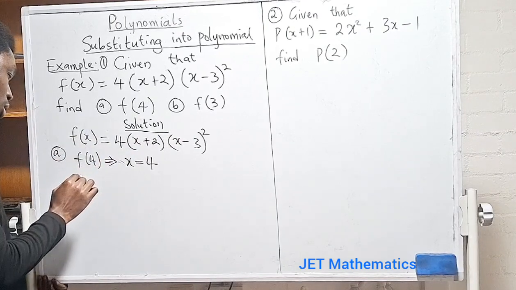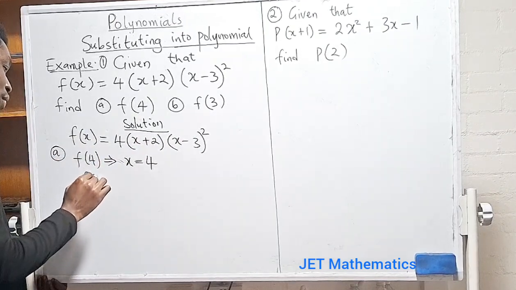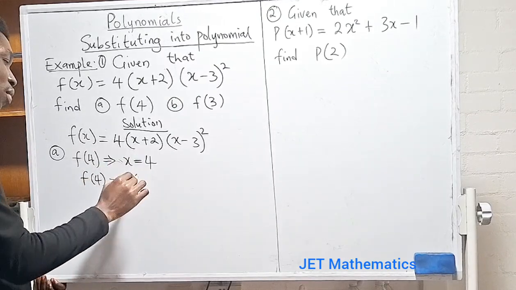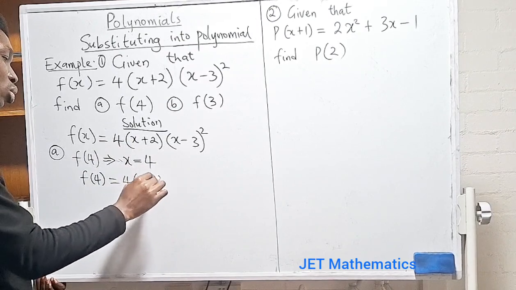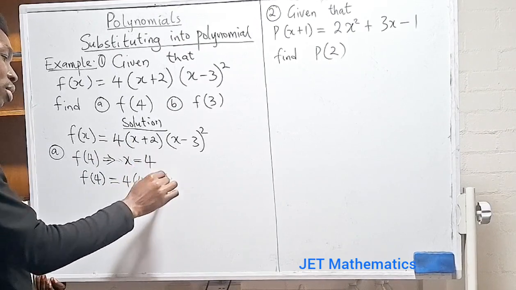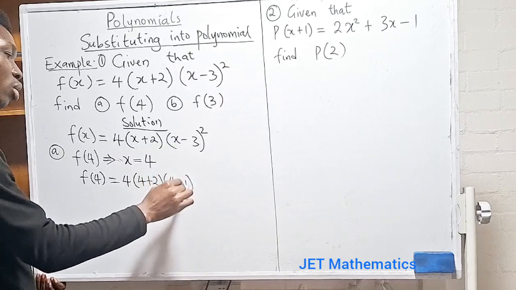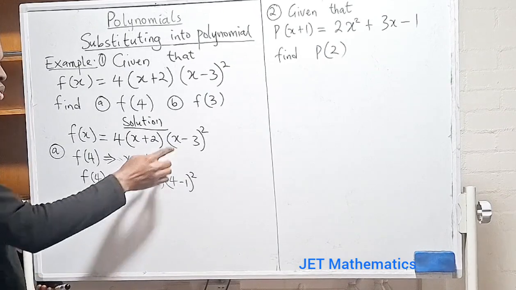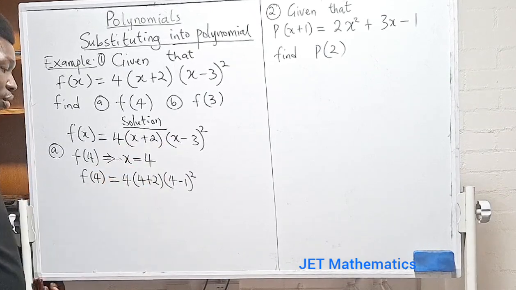So this gives us f of 4 is equal to 4 bracket 4 plus 2 bracket 4 minus 3 all squared. Alright, that's quite easy. So anywhere we see x, we just substitute 4.